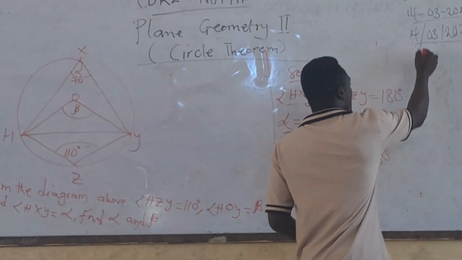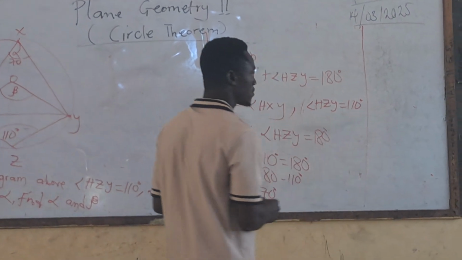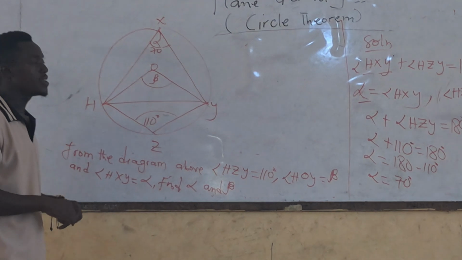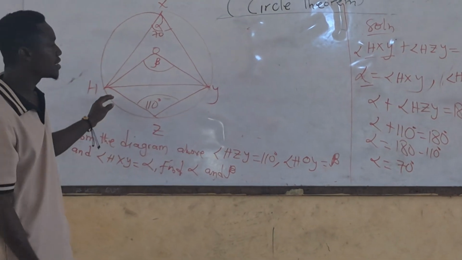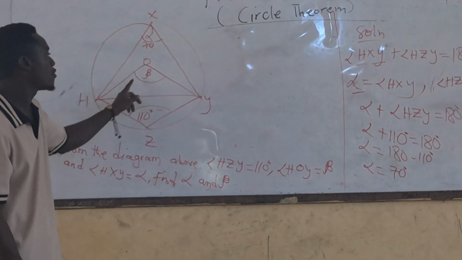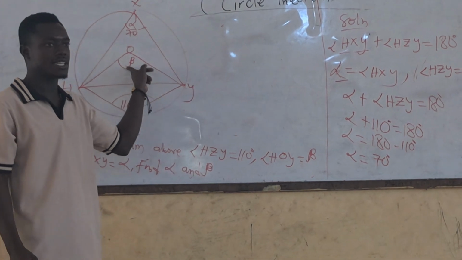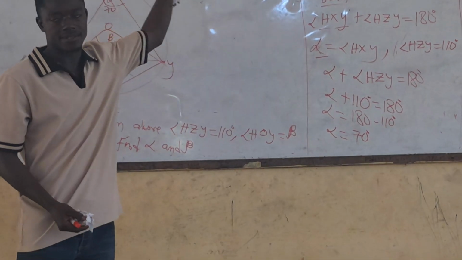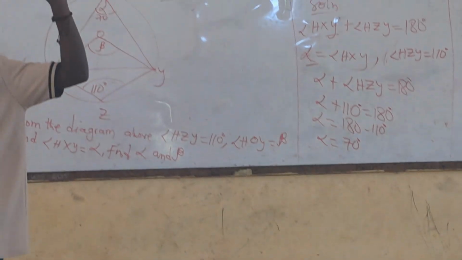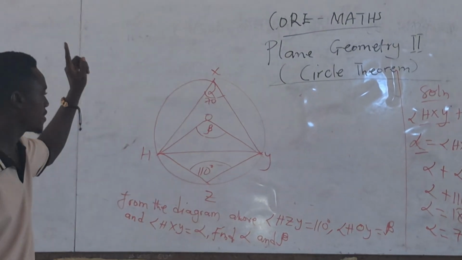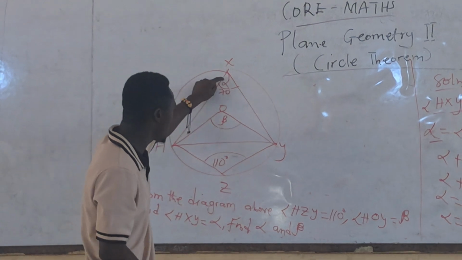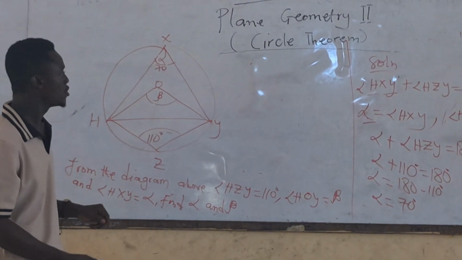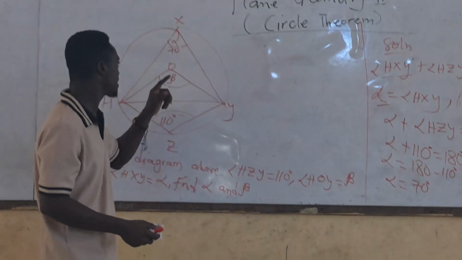Then we move back to the second property, which says that twice the angle formed at the center of the circle is equal to the angle standing at the circumference. So the twice of this gives us this.